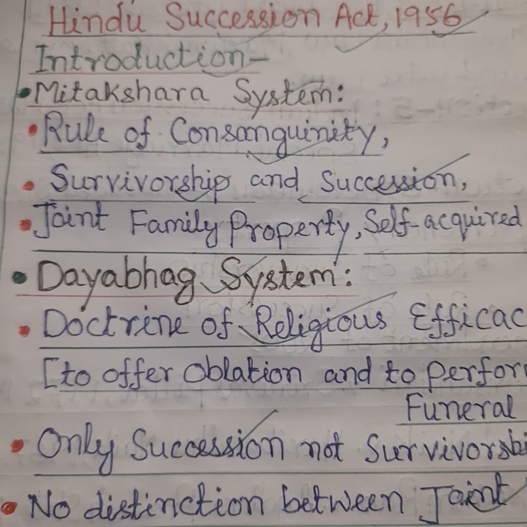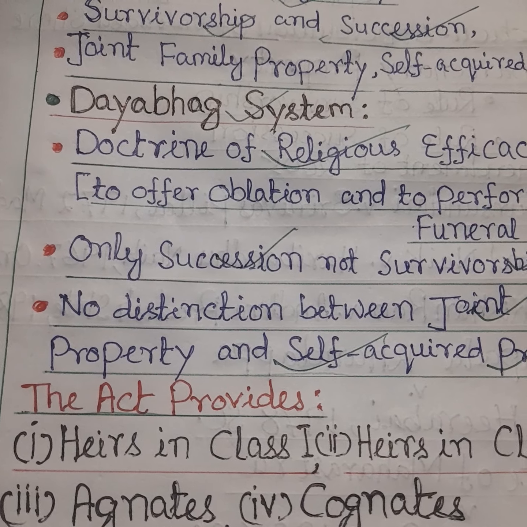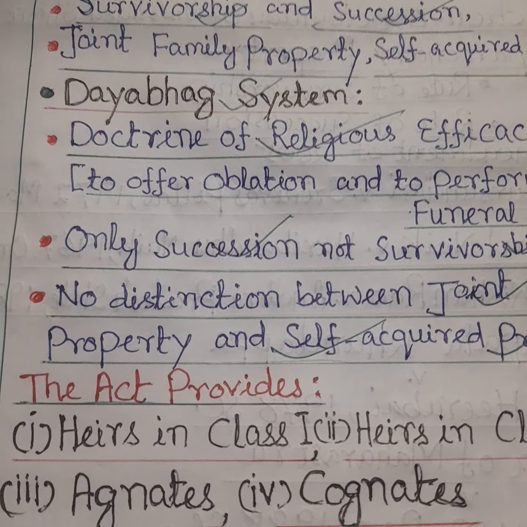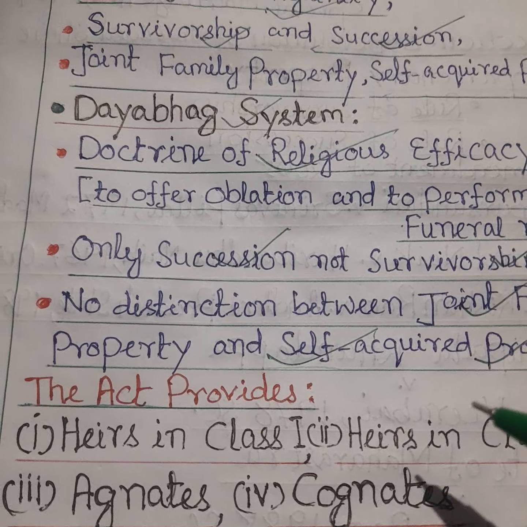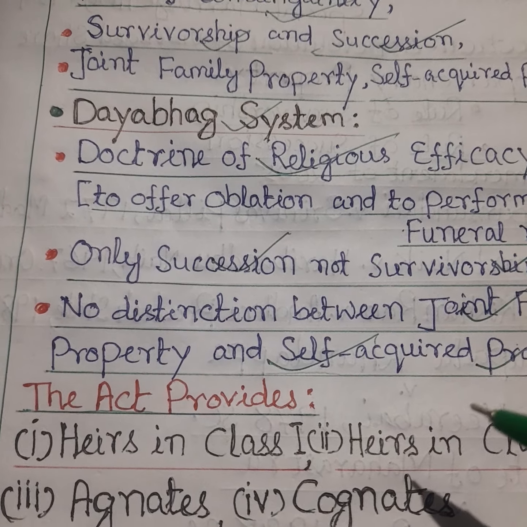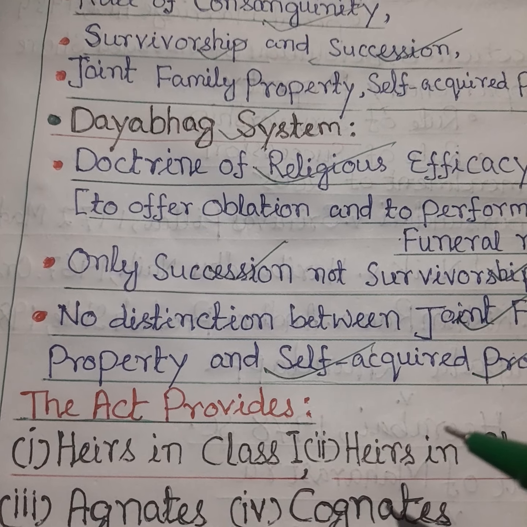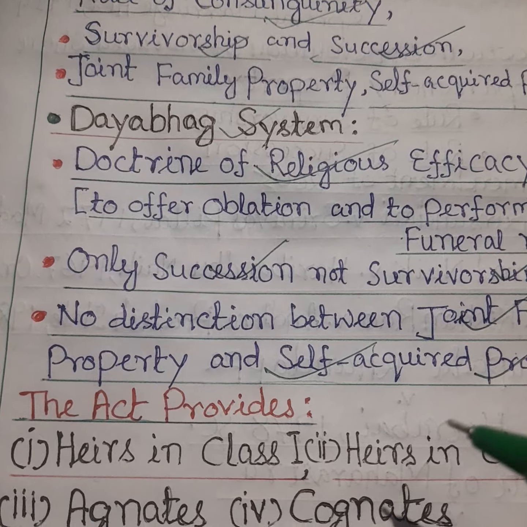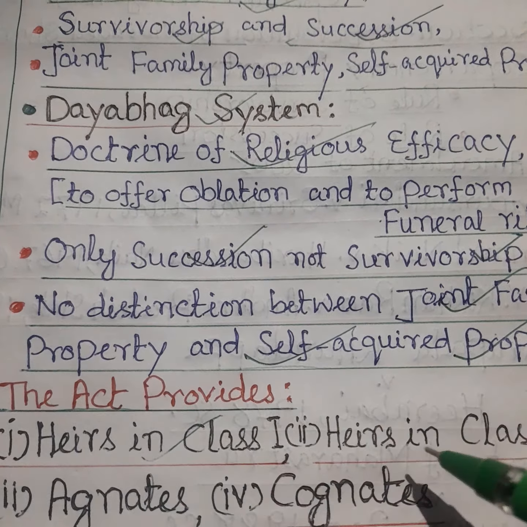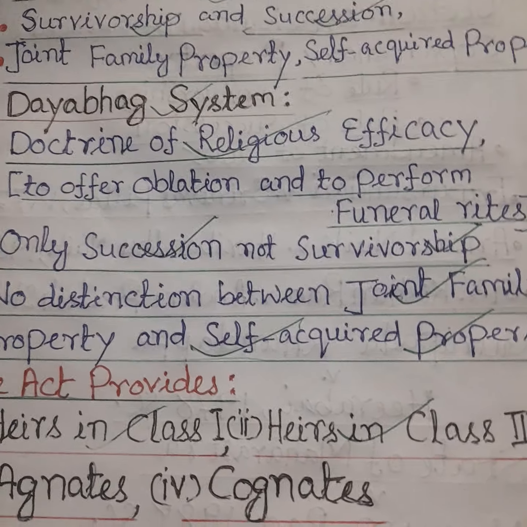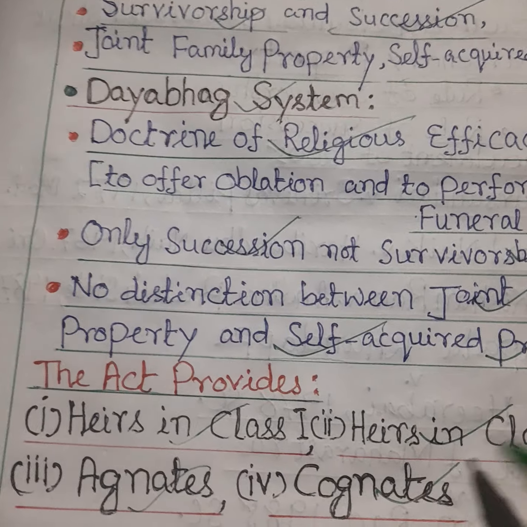The present act provides four categories of persons on whom the order of succession to the property of an intestate person devolves, and they are heirs in class 1, heirs in class 2, the agnates and the cognates.